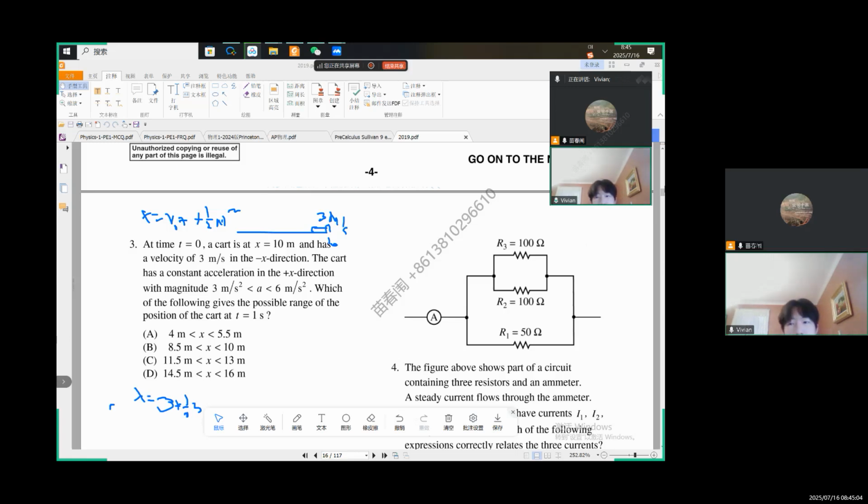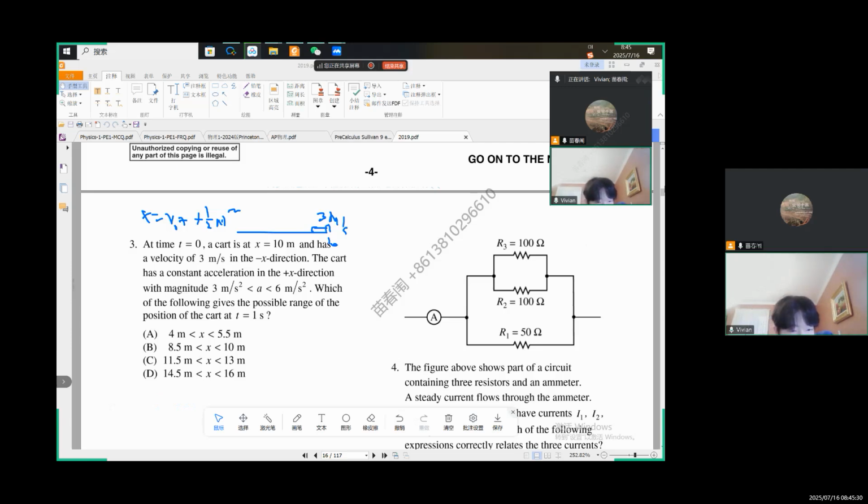Wait. Oh, it's the other way, so it's negative acceleration. Yeah, but that doesn't make sense. That's not the answer. Wait. Oh, because it's delta. Oh, yeah. Okay, makes sense.